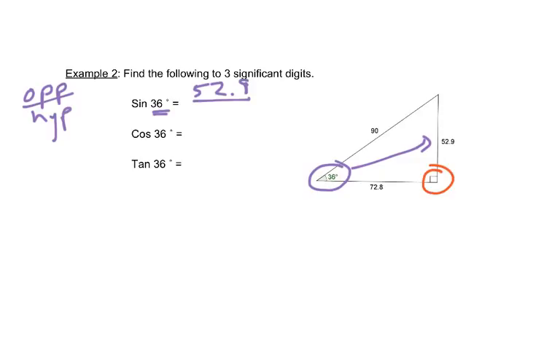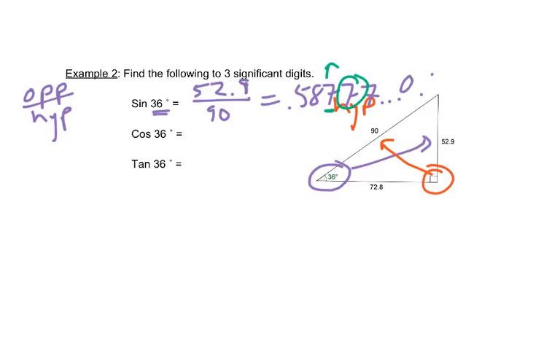And the hypotenuse, here's my right angle, so the hypotenuse will stay 90. So you take 52.9 divided by 90, and you get 0.58777, and it keeps going. 3 significant digits would be here, 3 numbers. This tells us to go up, so our final answer would be 0.58.